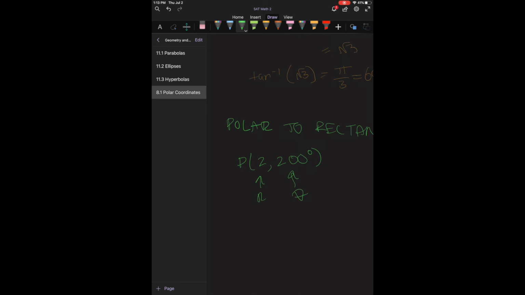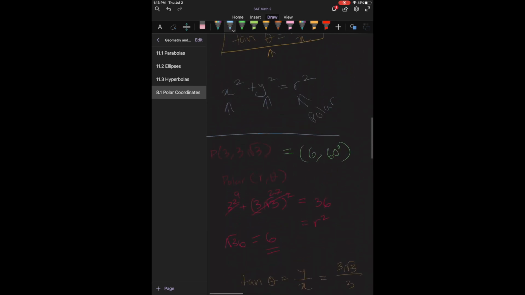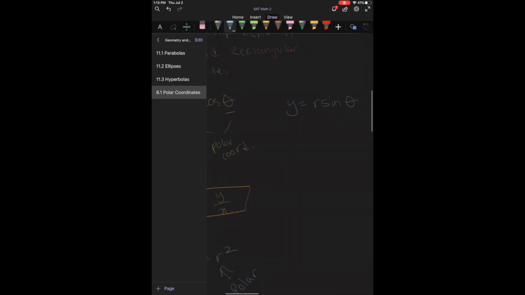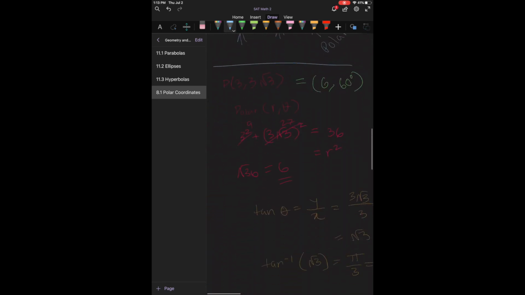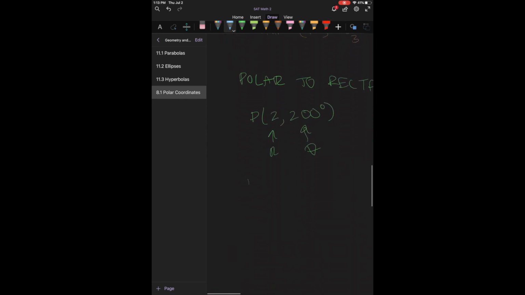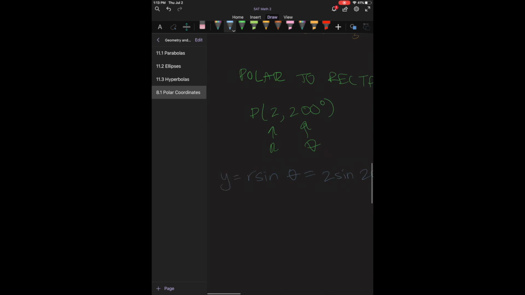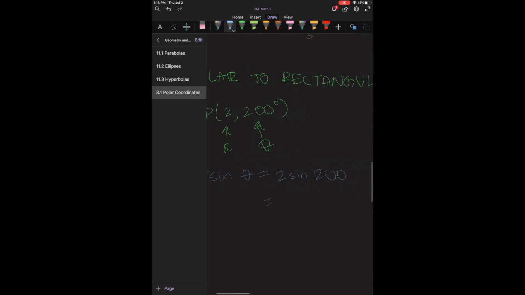So we know that from our formula up here, it says y equals r sine theta and x equals r cosine theta. So r sine theta is equal to 2 sine theta, and theta is 200 degrees. So this is going to be y. So y equals that. And if you evaluate that into a calculator, you're going to get negative 0.68.